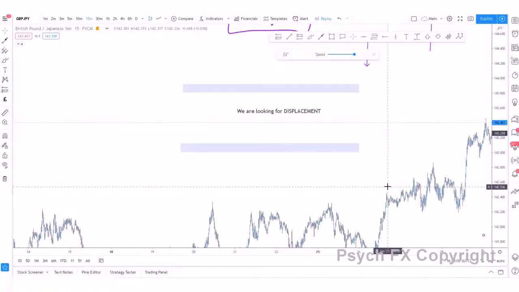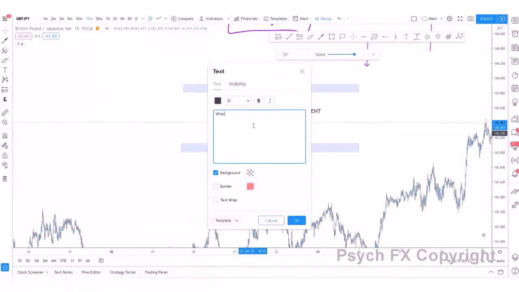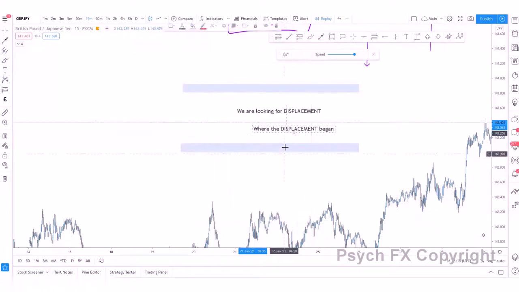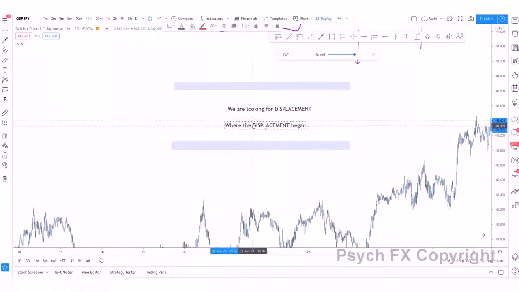Then we want to look for where that displacement began. It's very important, because when we return to that area, the theory is that we are going to fill up the rest of the orders that caused that and then continue going. I'm going to get into the strength of zones and how to pick the best ones later on in this section.